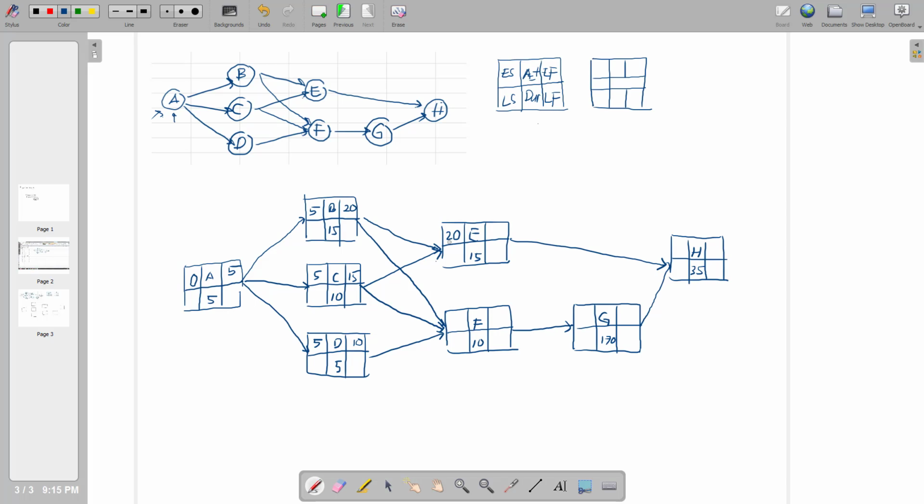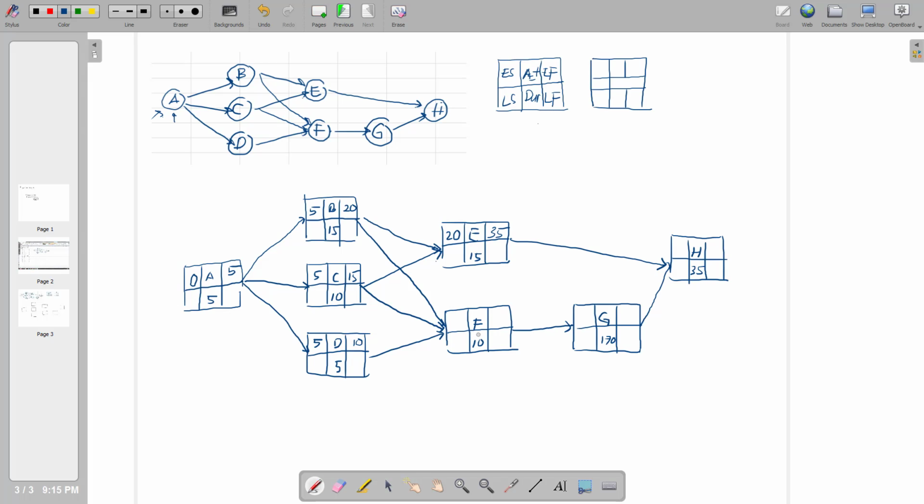So we put 20 over here. The easiest way to memorize it is to take the highest number between the two predecessor activities. So between 20 and 15, you take 20, and derive it to the successor activity E. So the early start of activity E is 20, and 20 plus 15 makes the early finish of activity E 35.